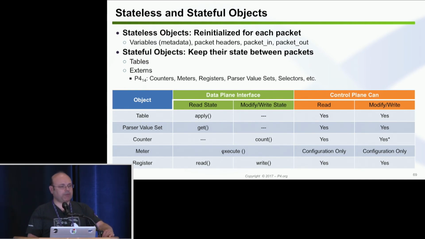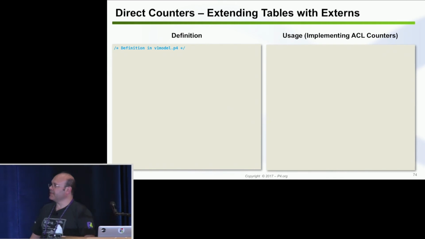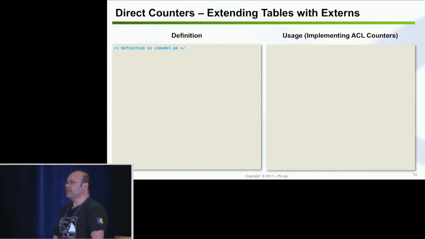Whereas in meters, for example, we can only execute meters, but in terms of the control plane, we can specify the configuration, but we typically cannot read the state of the buckets and stuff like that. So it all depends, obviously, again, on your architecture, but generally speaking, or in particular with V1, that's what it is.